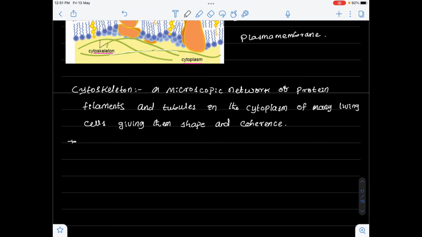And here the cytoskeleton extends from the cell nucleus to the cell membrane.